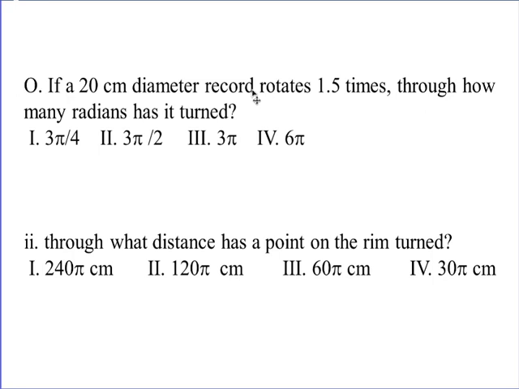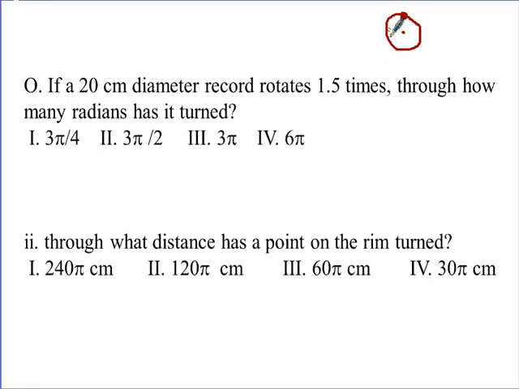Okay, I've got a circle. This is the diameter, not the radius. And it rotates around 1.5 times. So how many radians has it turned? Well, think about a point on the edge of the record. This was a way people used to listen to music.